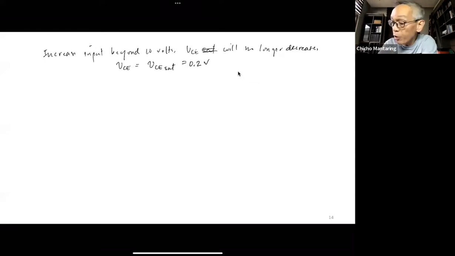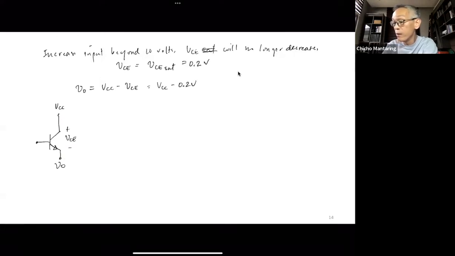And V sub O is VCC minus VCE. Remember, this is VCC, this is VCE, and this is V sub O. So V sub O is VCC minus VCE, which is just VCC minus 0.2 volts, which is going to be VCE SAT.